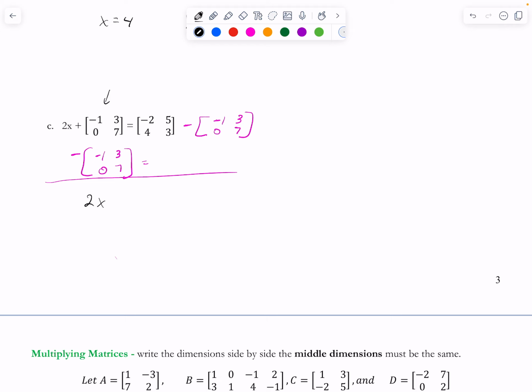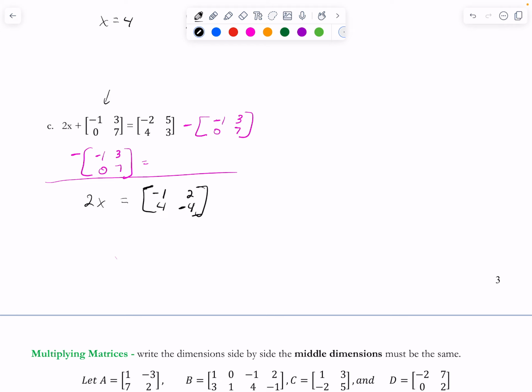So coming down is the 2x because I've moved that matrix over. And then if I subtract those values in those matrices, I have -2 minus -1, which is really adding 1. So that's going to be -1. 5 minus 3 is 2. Then I have 4 minus 0 is 4. And 3 minus 7 is -4.